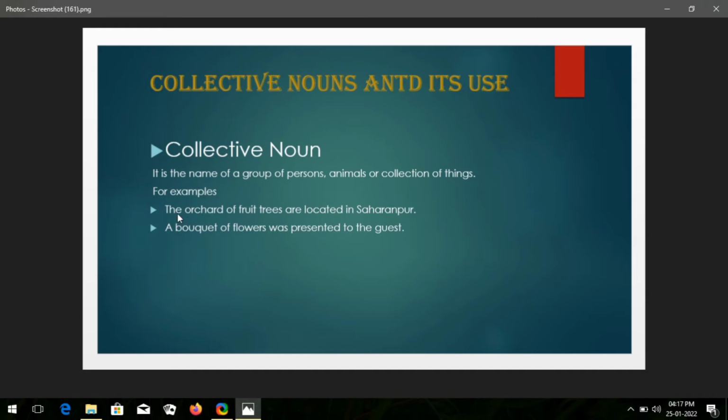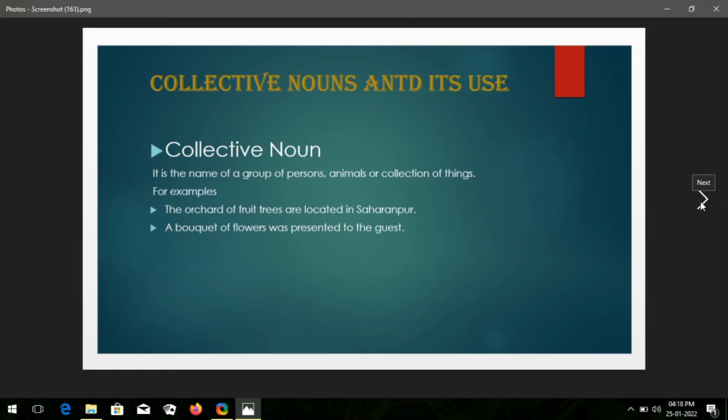Let's go through the examples. The orchard of fruit trees are located in Saharanpur. Here that orchard of fruit trees is an example of collective noun. A bucket of flowers was presented to the guest. Here is another example of collective noun. I hope you must be getting, students.